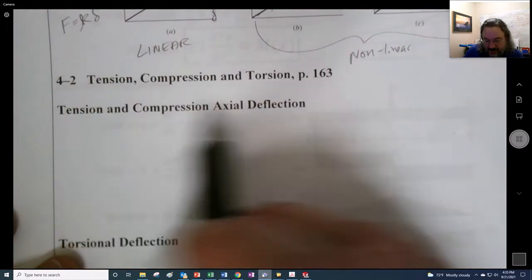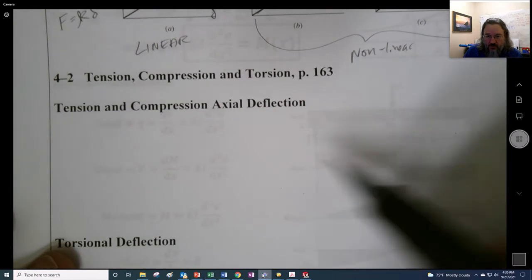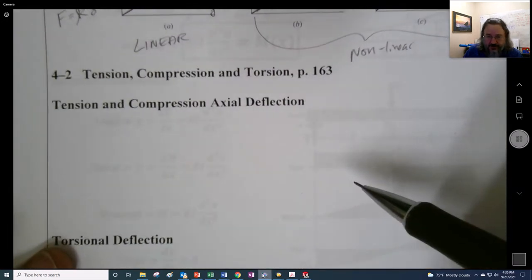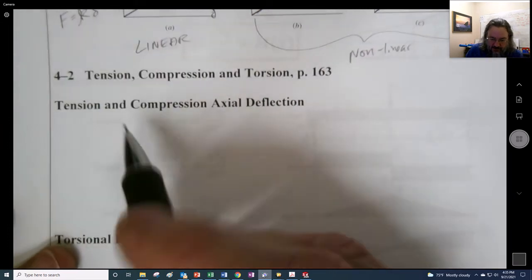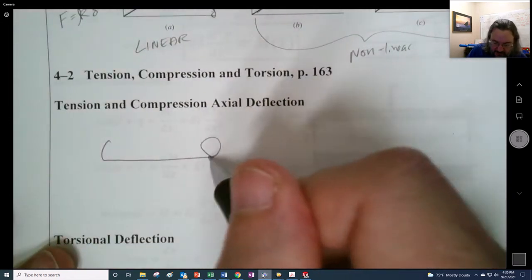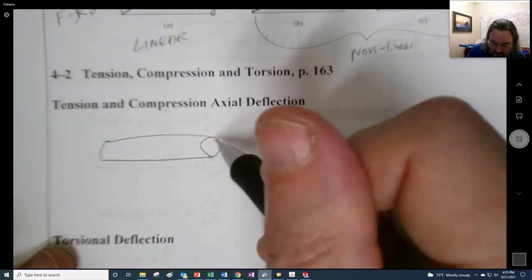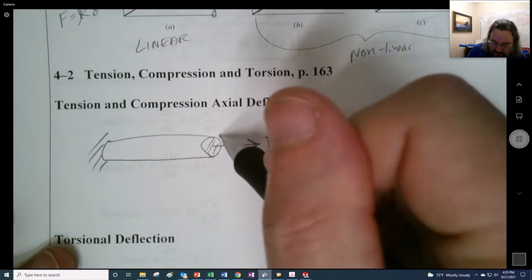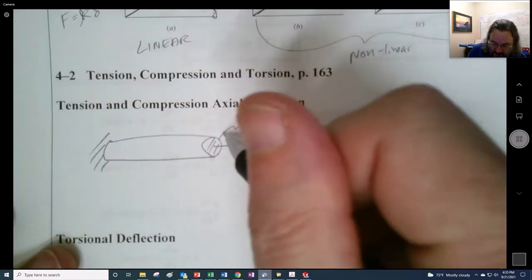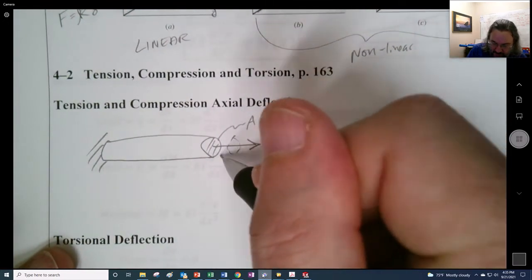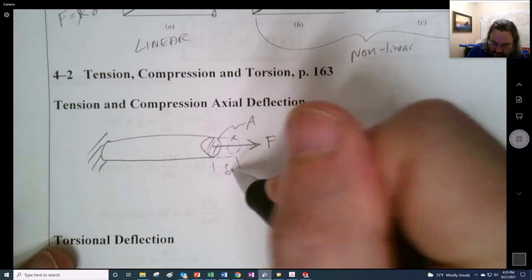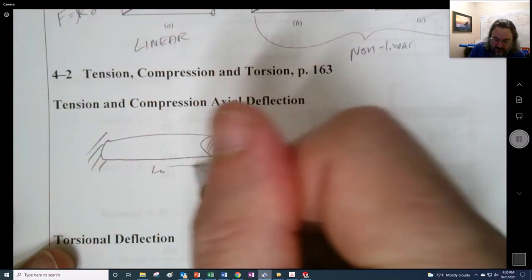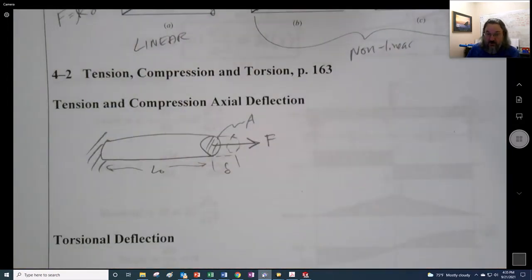A good example to start on, to hang our hat on when we're looking at stiffness and deflection, is to think of the simplest case. We'll have some piece right here, fixed at one end with a force at the other. We know what the cross-sectional area is, and when we apply a force, it gets longer by some amount del from its original length. I think a pool noodle is an excellent example piece to use.